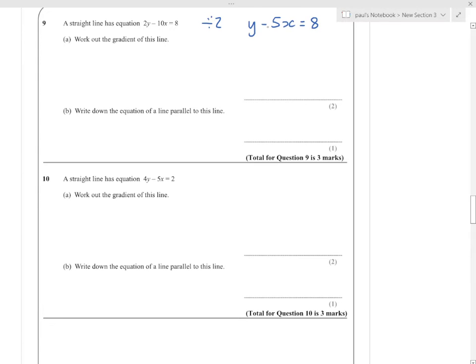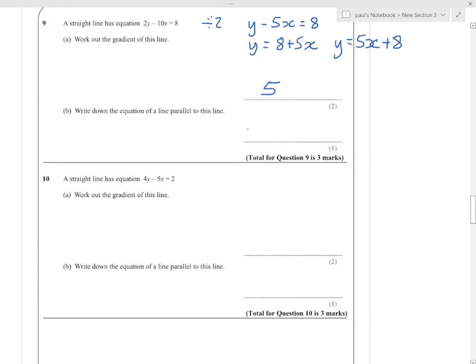And what I'm going to do is rearrange this to be y equals 8 plus 5x. Rearrange it again, y equals 5x plus 8. That looks better. So the gradient of the line is 5.